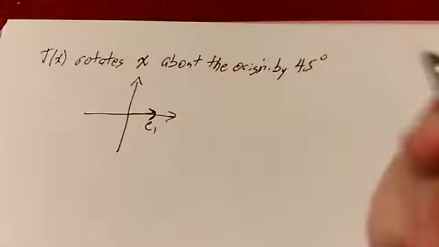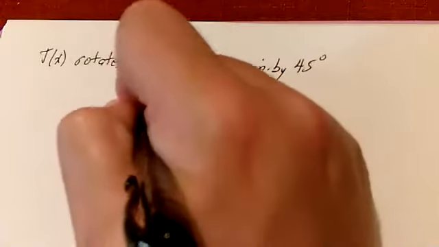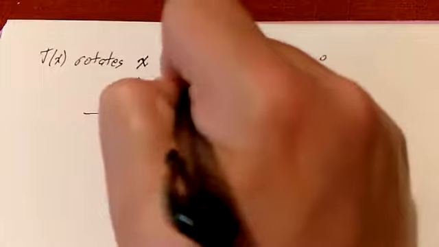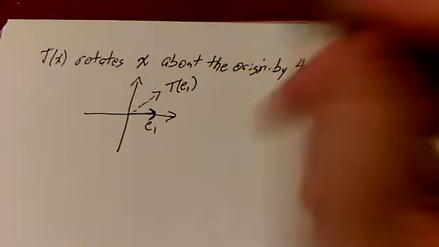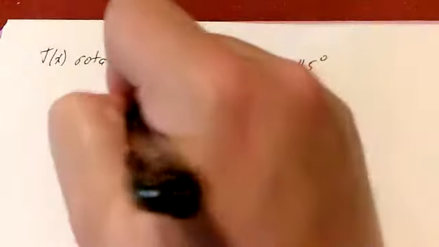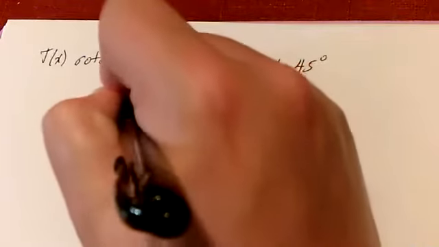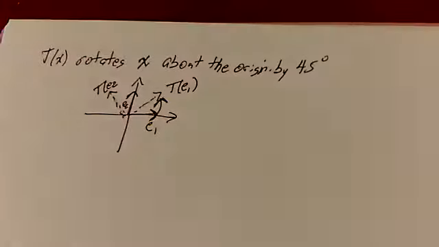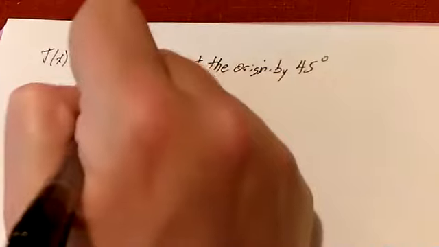When I rotate it 45 degrees, it's now going to shoot out diagonally that way. I took that vector and rotated it that way. My E2 vector that points vertically is now going to stick out in the second quadrant. That's T of E2. I still have a right angle in between them.